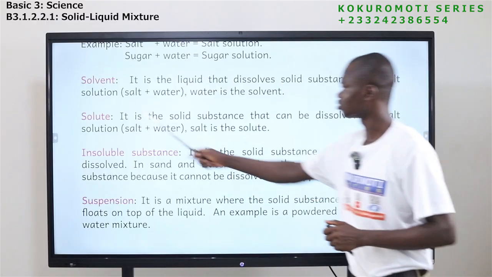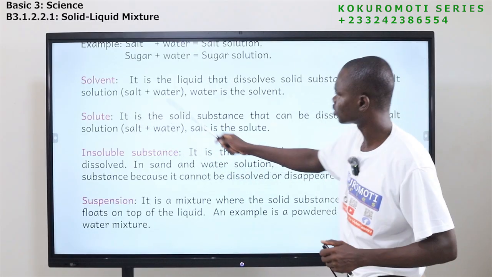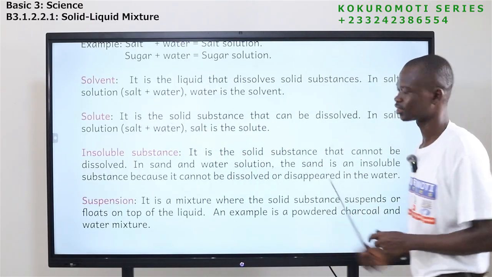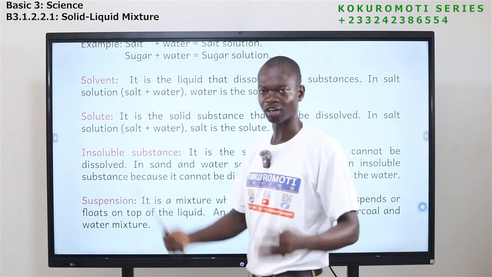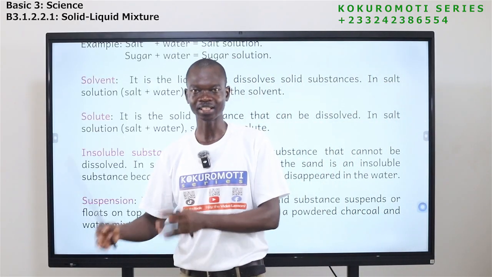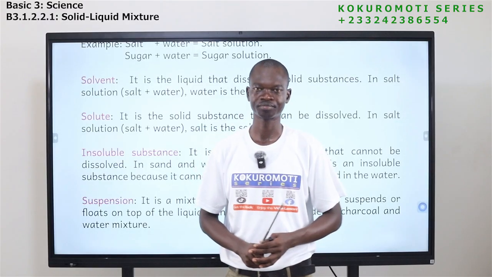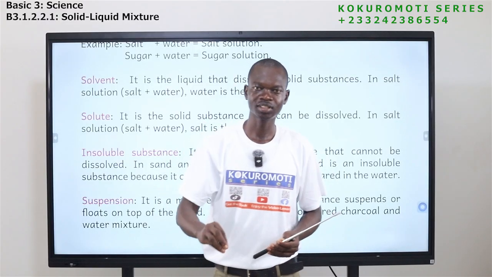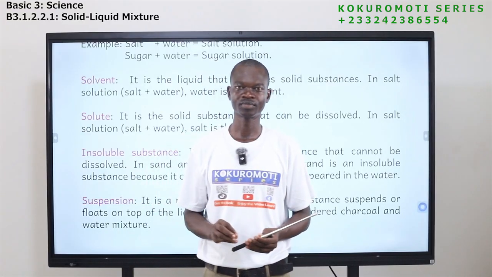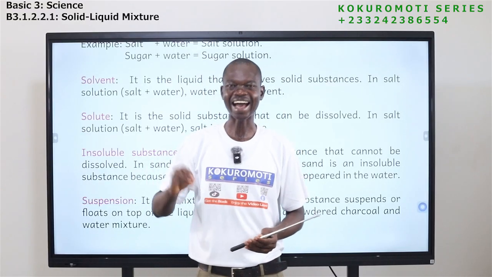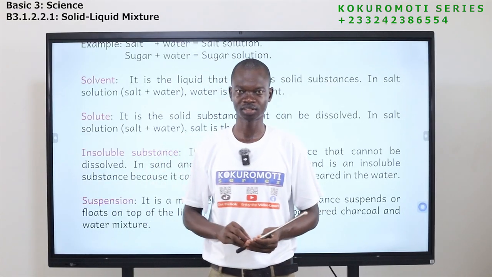In salt solution, that is salt and water, water is a solvent. So you have water, you have salt, you have formed your mixture, that is salt solution. The salt later on will disappear. We say the water has dissolved the salt.